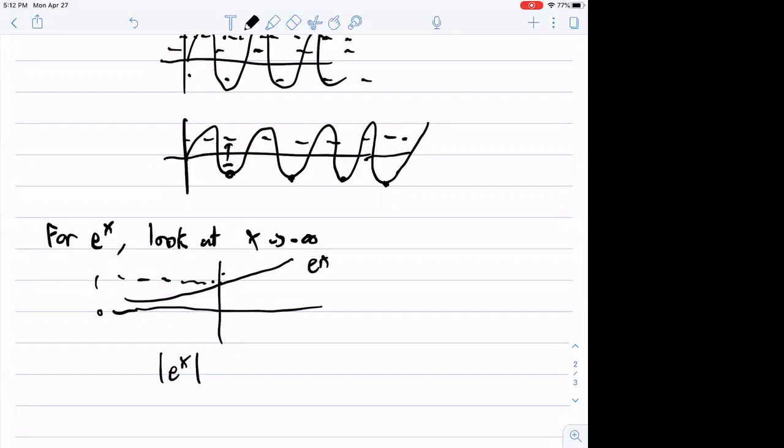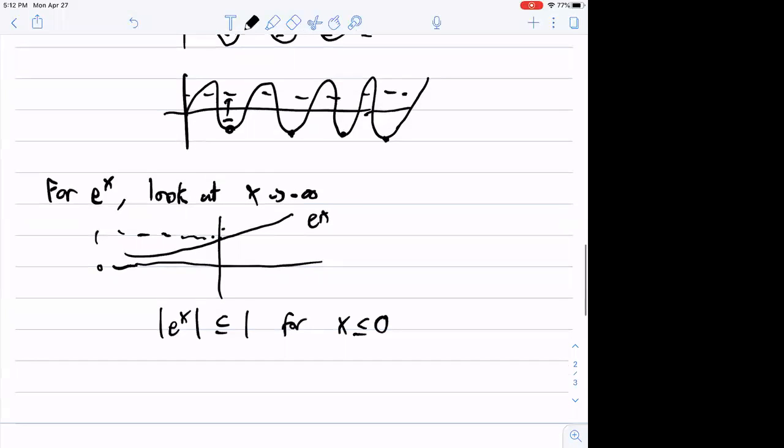But your polynomials, when you go to negative infinity, go off to either positive infinity or negative infinity. So it's the same argument.